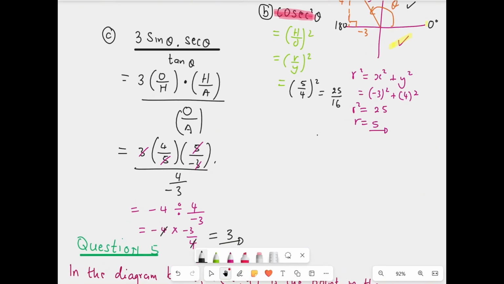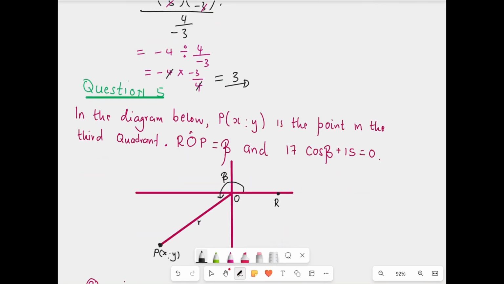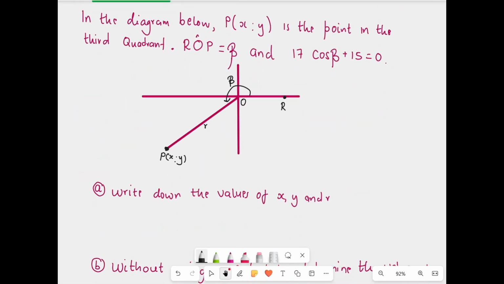Let's move to question 5. Question 5 is similar to question 4, but the fortunate part with question 5 is that the diagram is already here. The diagram is already drawn. So if the diagram is already drawn, we don't need to worry about the quadrants.